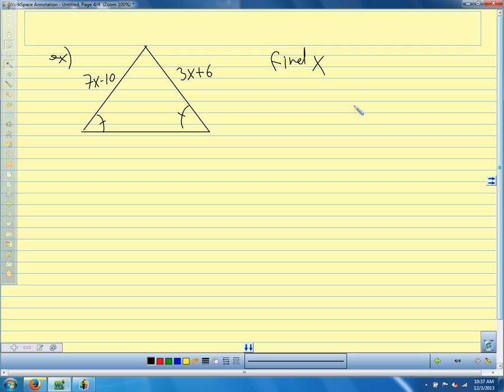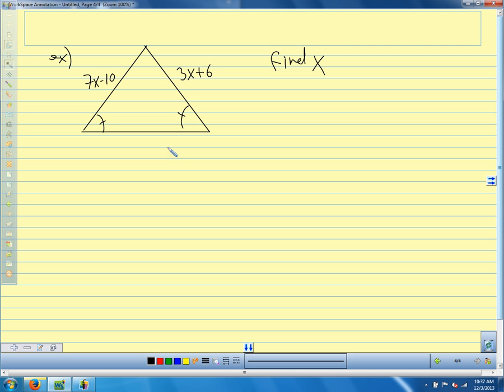So what are we going to do here? Can you help us out, Lydia? What would we do for this? How would we solve this problem? We just have this triangle. These two angles are congruent. It says find x. How would we set it up?